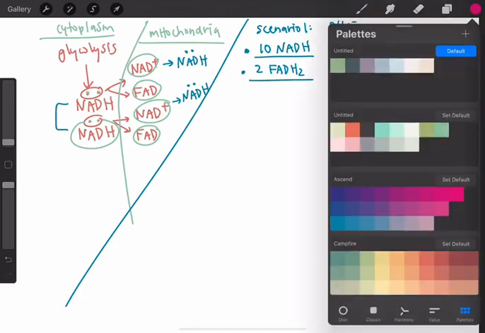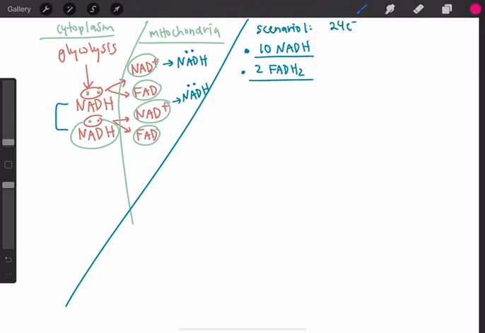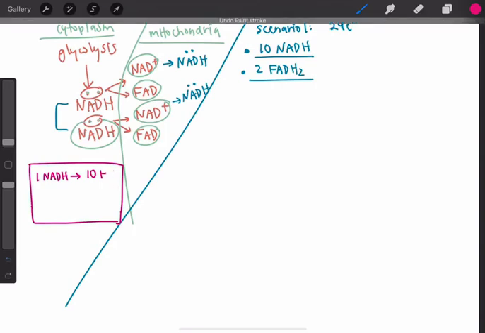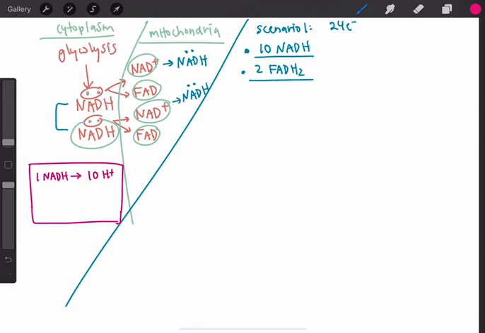Now, looking at the protons, there's a specific number of protons that can be pumped across the membrane with every donation of an NADH or an FADH2 molecule. So here, just for your reference, as we do the calculations, one reduced molecule of NADH, when it donates its electrons, is capable of pumping 10 hydrogen ions, or 10 protons, across the membrane.